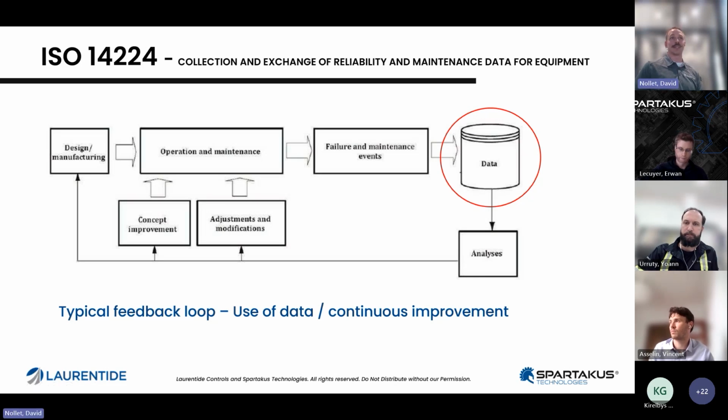What kind of data are we collecting? And then how are we using it? That's what we're really talking about. That is to facilitate analysis. And that analysis will then allow us to go back and make changes and potentially go back into redesign. And this is a continuous improvement loop, which is broken if we don't have data. So data is the key.